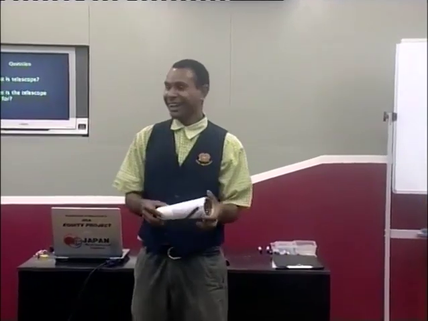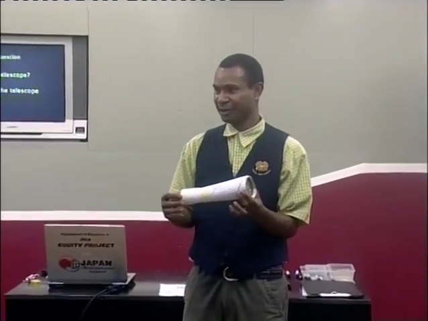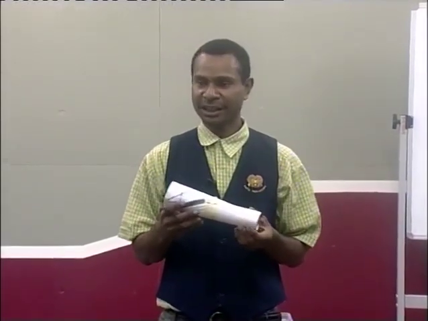May I have your telescope? Thank you. Have a look at the model of your telescope that you made. You find that you have the bigger lens in front and the smaller lens at the back.